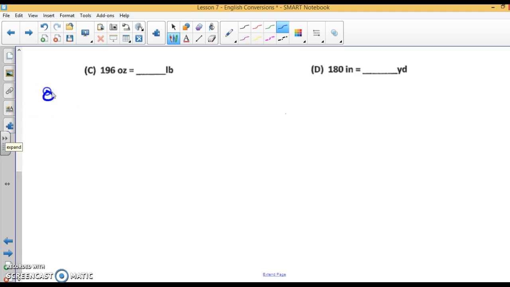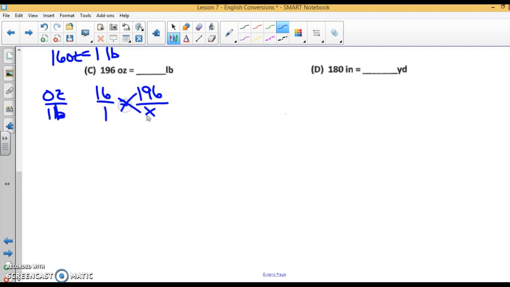Let's do one more. Ounces and pounds. So my cheater fraction, ounces and pounds. So 16 ounces in 1 pound. Again, you're getting that from your conversion sheet. So let's set up our proportion. 16 ounces, 1 pound equals, this is ounces, that goes on top, 196 over x. We're looking for pounds.